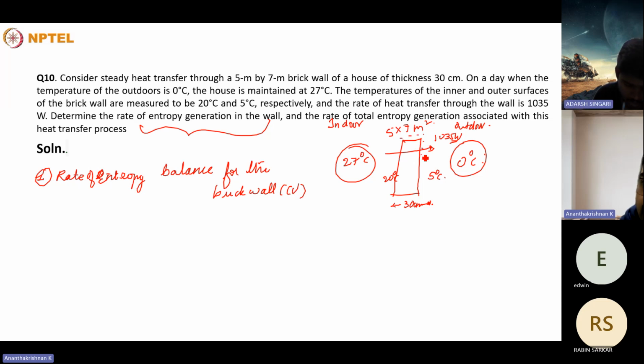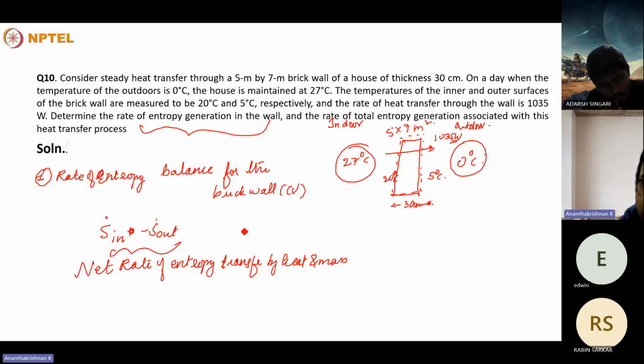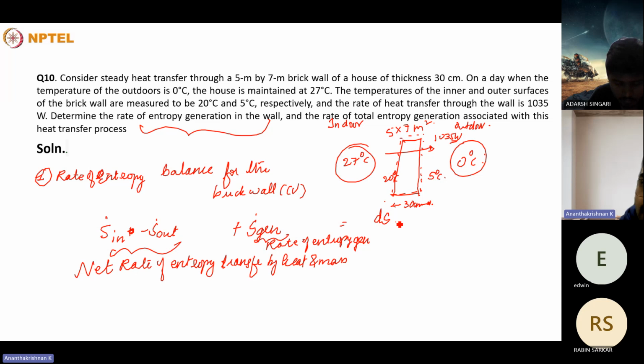If you take a control volume around this brick wall, we can write: entropy in minus entropy out, the net rate of entropy transfer by heat and mass, plus the rate of entropy generation, is equal to the rate of change of the entropy within the control volume. That will be equal to 0 since it's a steady process.